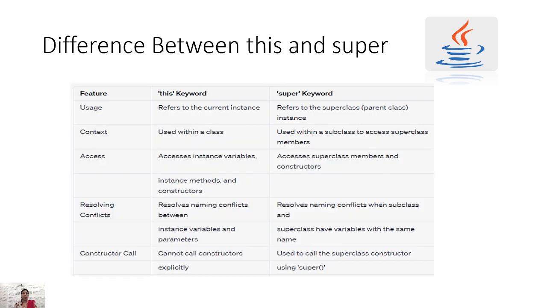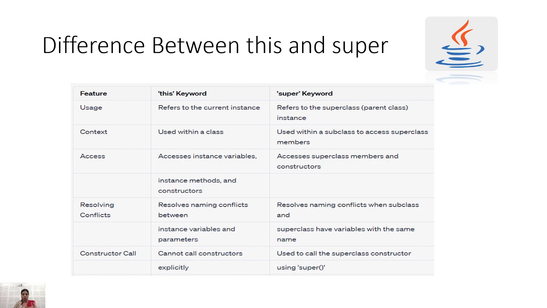Many times this keyword is also used along with super. So what is the difference between this and super? This refers to the current instance, and super refers to the superclass or parent class. This is used within the class, while super is used within the subclass to access the superclass members. If I want to refer to the current class variable, I use this dot variable.